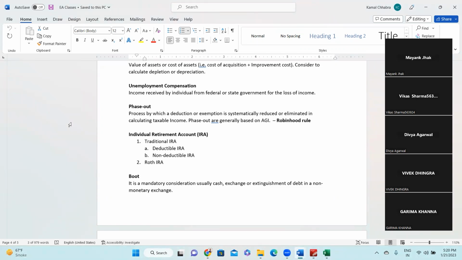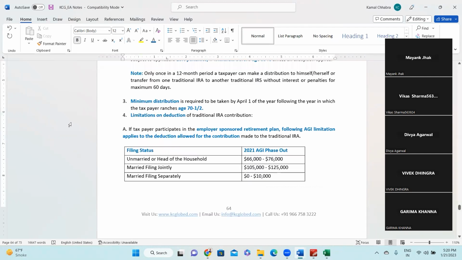Yeah, absolutely right. Taking away from the richer and giving it to the poor. So that means phase out will be as and when you start earning more and more, you will be eligible for less and less itemized deduction. If your income is less, you'll get more tax benefit.